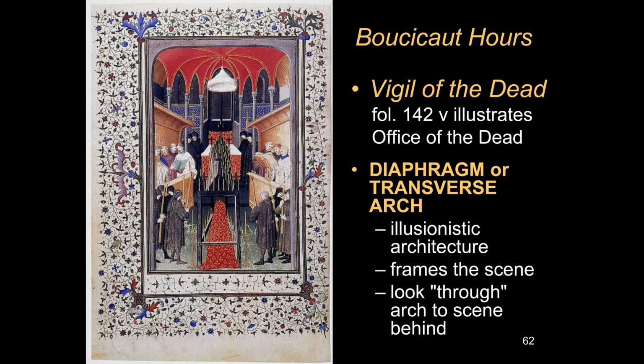In a church, you would call this the diaphragm arch or the transverse arch, an arch that goes across the nave, transverses the nave. And here it serves both as an extra frame for the scene, but also aids that illusion of depth, because you have to look through the arch to see the scene beyond it.